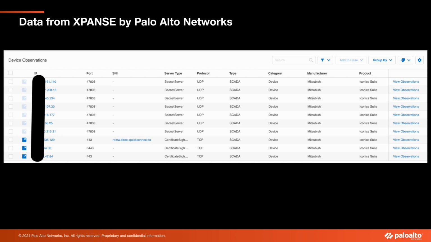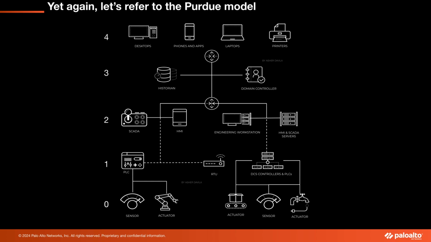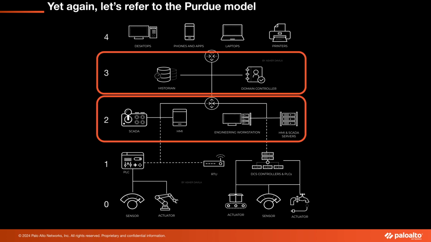So yet again, let's refer to the Purdue model. The Purdue model is the architecture model implemented by a lot of ICS industries to define at what level their devices should be and how they would communicate with each other. Looking into the Purdue model for Iconics, we found that it operates on levels 2 and 3.